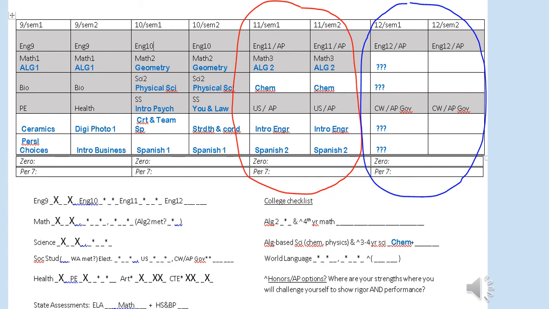And then after grade 11, I'm going to check out grade 12 and probably come up with what my next options would be for grade 12 based on my high school graduation requirements and my college entrance requirements, completing all those, and then checking to see what else I might be interested in. And then I'm also going to spend some time looking at where do I need to push myself a little bit? Where do I need to do some honors or some AP options? Because I'm really going to challenge myself and make sure that I am the best educated student that I can be.